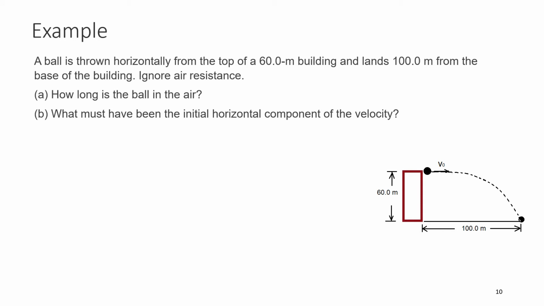For question B, since we know the ball travels 100.0 meters during that 3.50 seconds, the initial horizontal component of the velocity v0 is 28.6 meters per second.